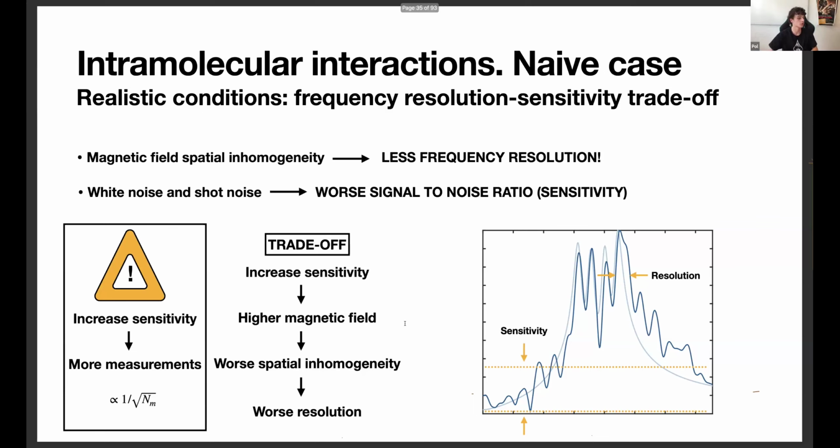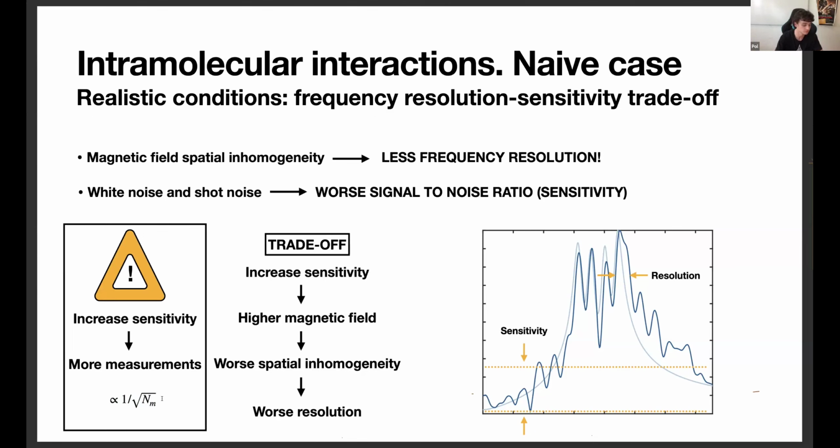Now, let me mention that you can increase sensitivity or signal-to-noise ratio by increasing the number of measurements too. You just have to repeat the experiment more and more times. But the problem with that is that the relationship goes like 1 over square root of the number of measurements. So if you want, for example, to improve your signal-to-noise ratio by 2, you will have to perform 4 times more measurements, which means an experiment that will be 4 times longer.